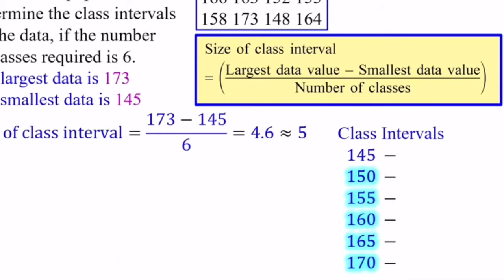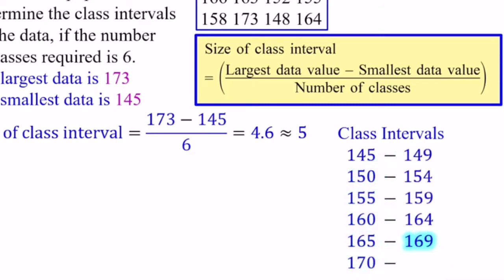According to definition, the upper limit for the class interval is, if you label like that, you have the -1 for everyone so that it won't be overlapping, right? So it's 149 and then plus 5. 149 plus 5, you get 154.